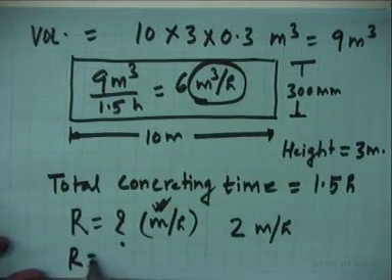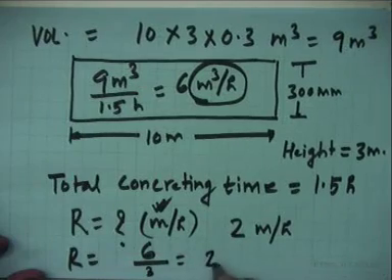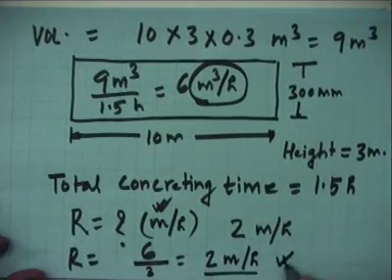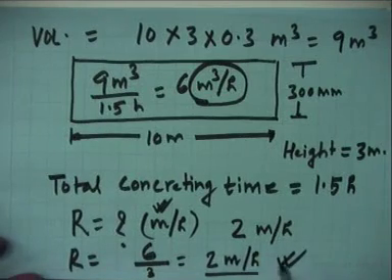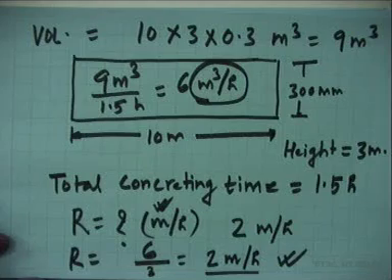So, R is becoming 6 divided by 3, which is 2 meter per hour. So, all of you are getting this? Okay. So, this is how you have to ensure the correct unit. Remember, in an empirical formula, it is very essential to stick to the unit that has been specified in the formula.